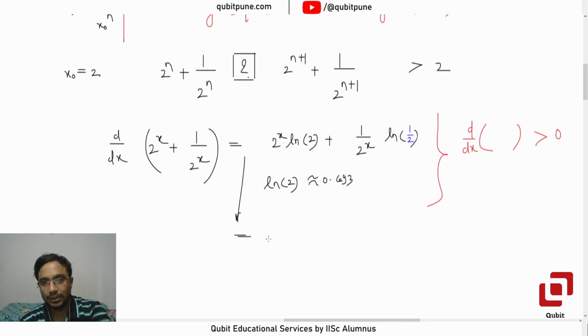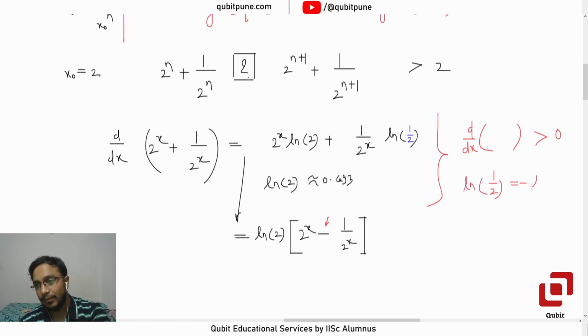What we can do is take ln 2 common, and then inside it will be 2 raised to x minus 1 upon 2 raised to x. So how did that negative sign come here? We know that ln 1 upon 2 is negative ln 2.